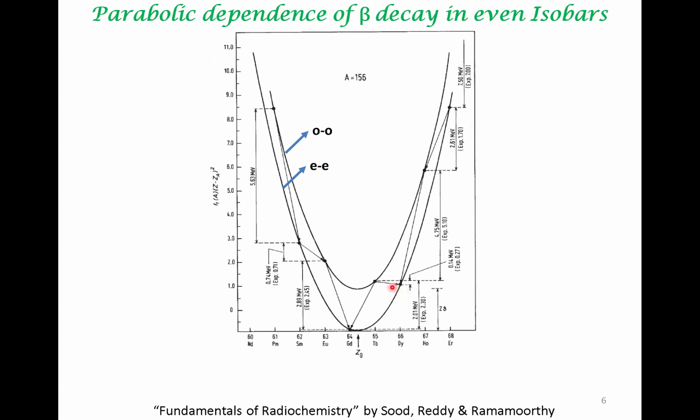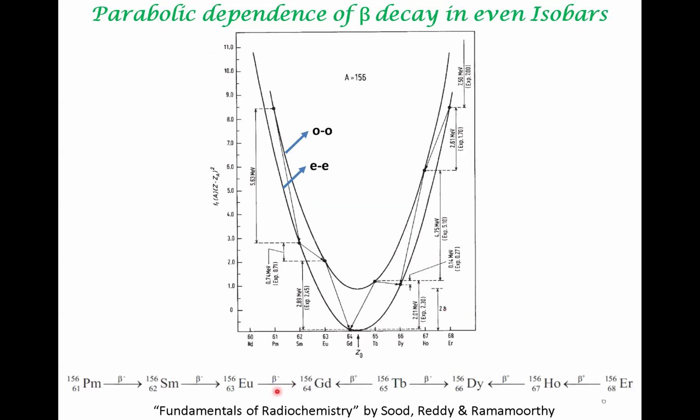And the model not only gets these observations correctly, it also predicts the difference in masses between these two parabolas. This is 2 delta, where delta is the pairing energy that was introduced in one of the previous lectures when we built the model.